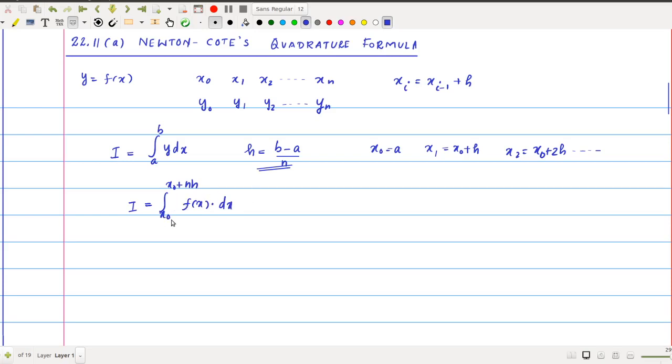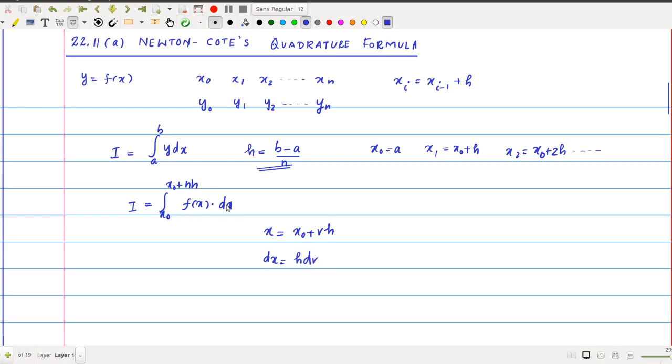Now you substitute x equal to x0 plus rh, then you can replace this function in terms of r. With this substitution, you get dx equal to h times dr.